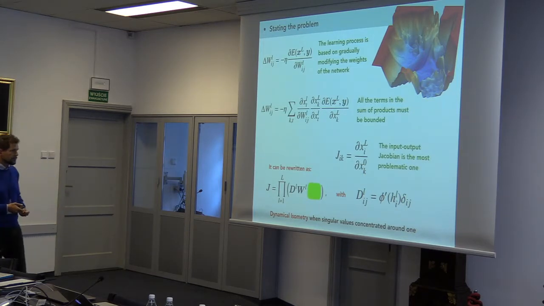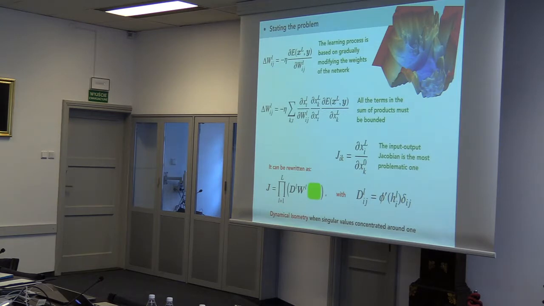If you write it as a matrix, it turns out that this is just a product of those weight matrices in given layers, and diagonal matrices that are defined as having the derivatives of the activation function at the value of the pre-activations at given layers.